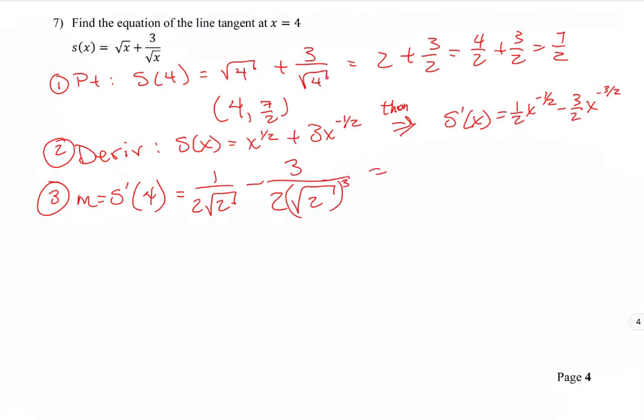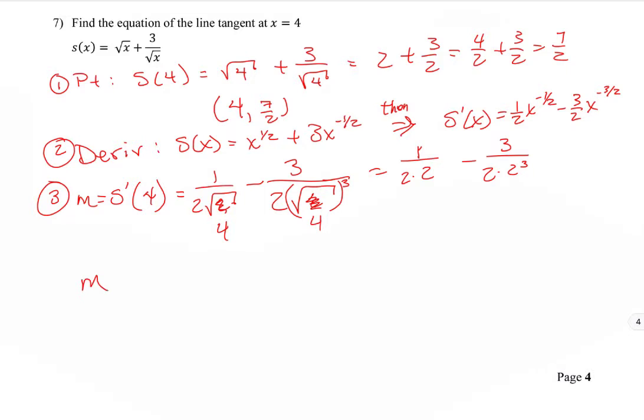So, and that shouldn't be 2. That should be 4, and that should be 4. I was taking the square root at the same time I was writing it. So that is 1 over 2 times 2 minus 3 over 2 times 2 cubed.